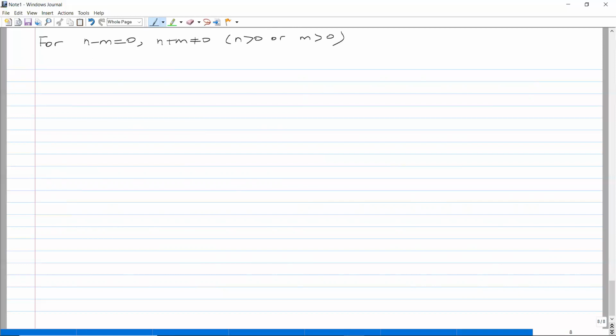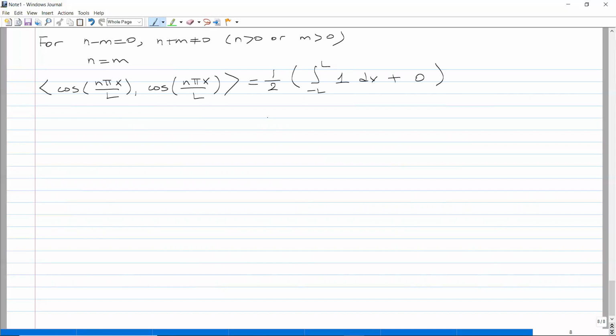But n minus m is 0, so n equals m, so both of them are positive. Then the integral of cosine n pi x over L, cosine n pi x over L, we have 1/2 the integral from minus L to L, cosine 0 is 1, plus the second integral is going to be 0. So this is going to be L.